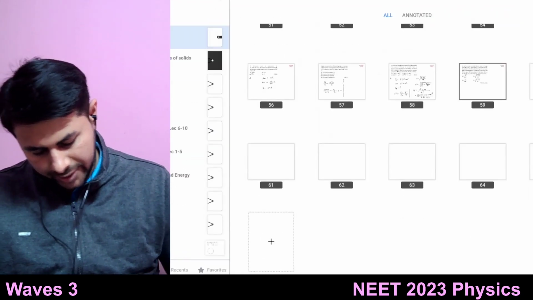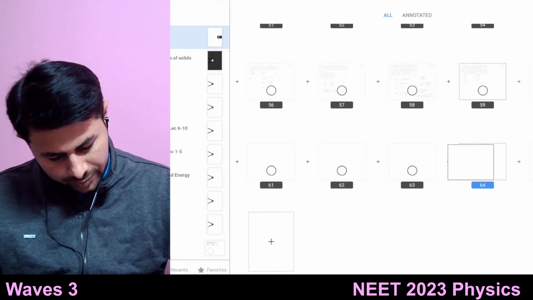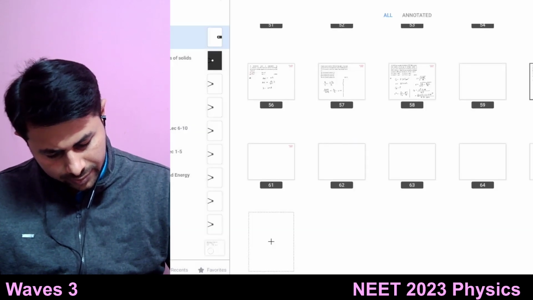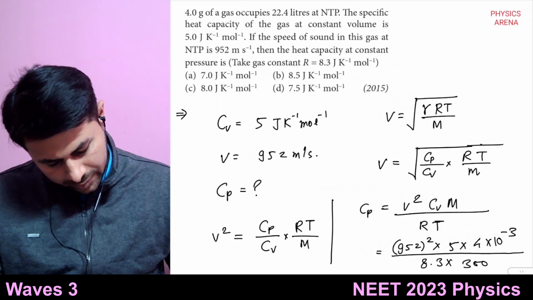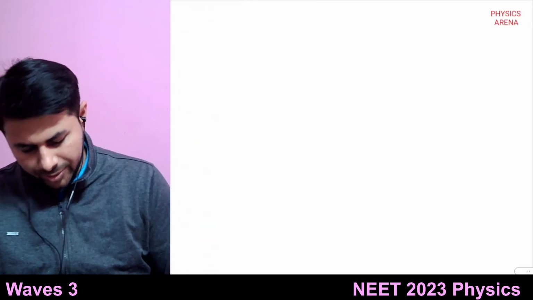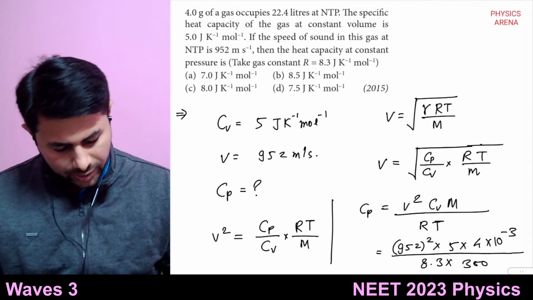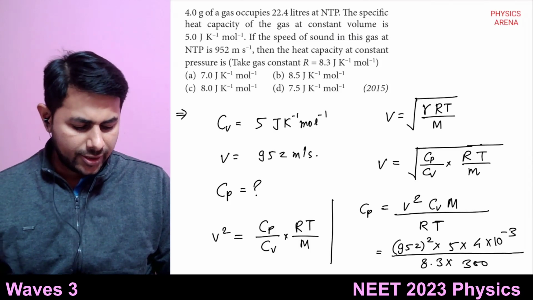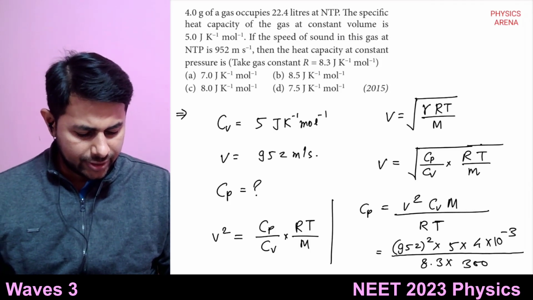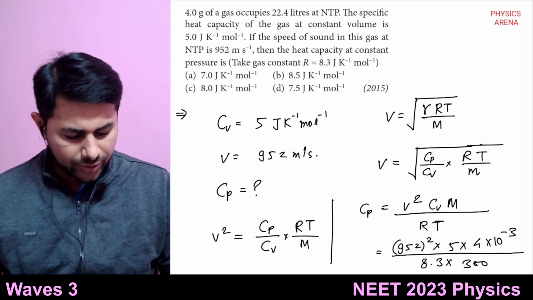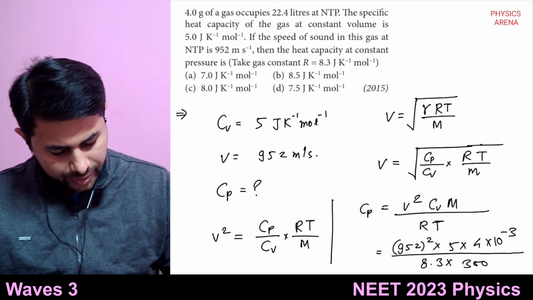Okay, so 952 square, I will approximate this with 1000. I'm increasing the numerator a little bit, so I will increase the denominator also. So let's do round figures.